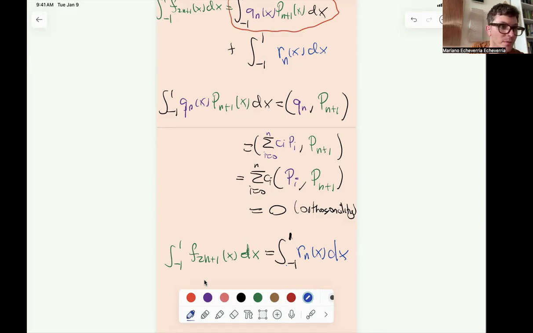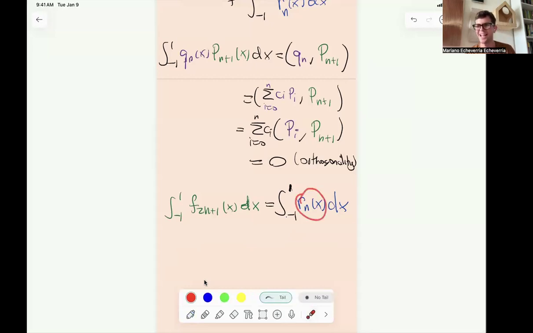Well, this is a degree n polynomial. So you know the Gauss Legendre is exact for degree n polynomials. So Gauss Legendre, because it's got degree n, is exact.